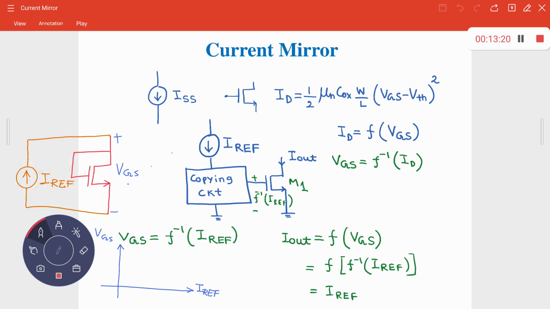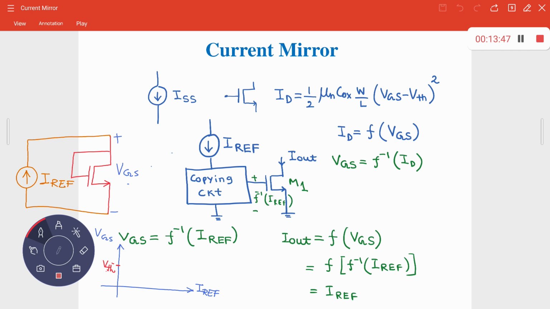Suppose this is the point over here, and this is your VTH. Then as you increase IREF, how does VGS vary? You know the formula: ID is equal to half mu C of W over L times VGS minus VTH squared.